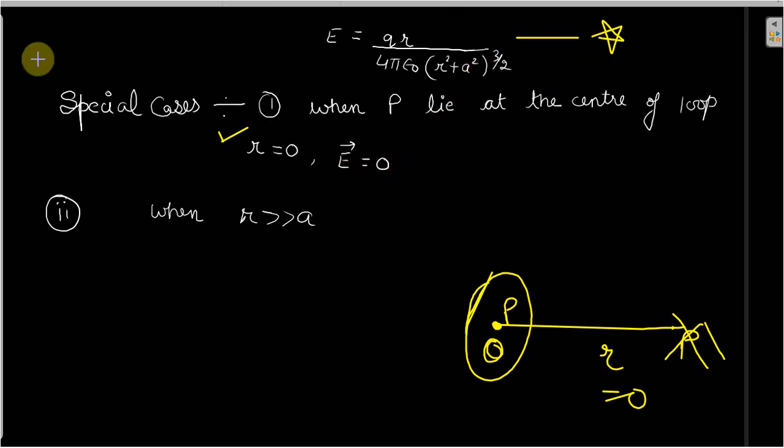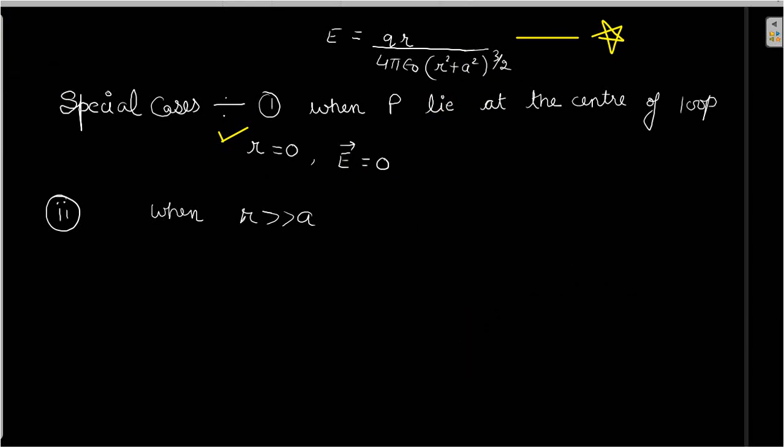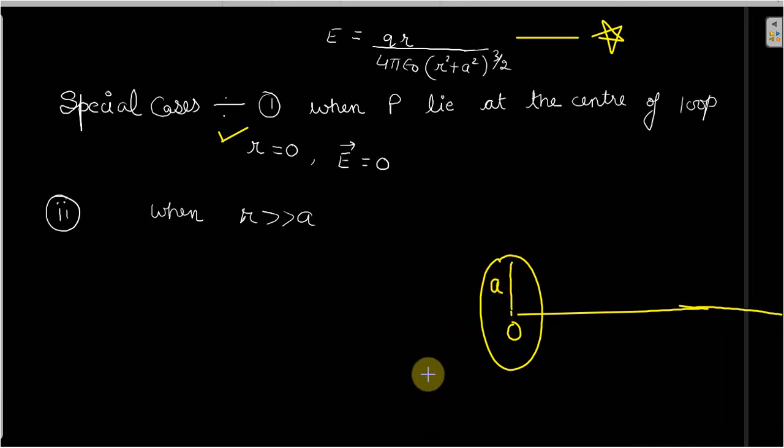Now the next case is when r is very much greater than a. In that case your P point is very far compared to this ring radius. So in that case you can neglect a. In this equation, when you neglect a, what will you get?